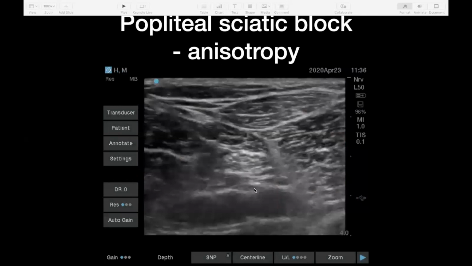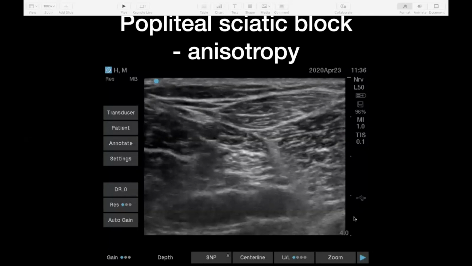This is a video showing an interesting property of ultrasound that can be quite significant when looking at the sciatic nerve, which is called anisotropy. If you think about the course of the sciatic nerve in the leg, it starts quite deep in the gluteal region and ends up fairly superficial behind the knee. So it's not traveling parallel to the skin, it's traveling at quite an angle.